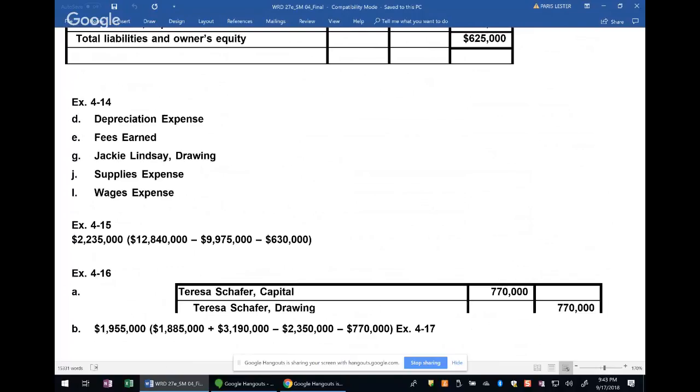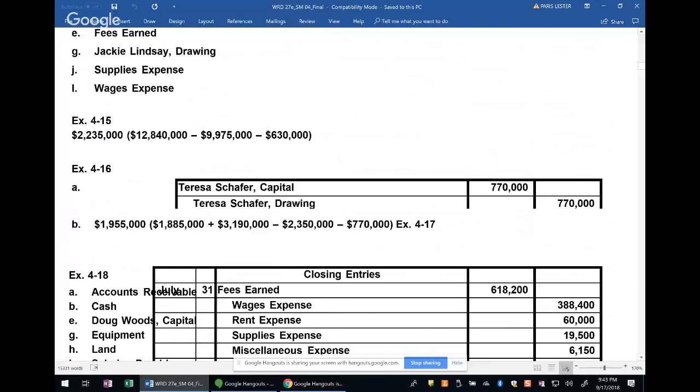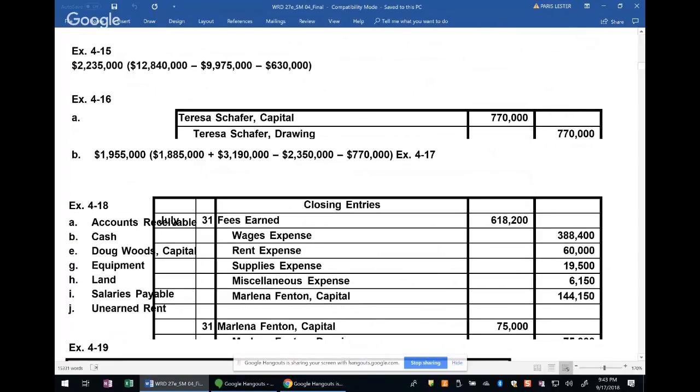That entry is okay, but this is the one where you have to debit capital. Expenses are more than the revenue, okay? Okay, folks, on this one, my solution's got two. It's got 17 and 18 overlapped.